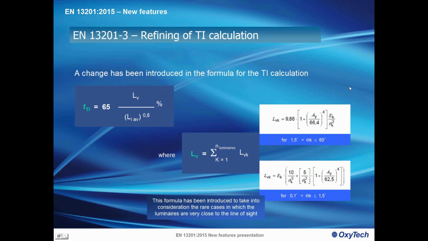Previously, the formula was only this one, so LV, the veiling luminance, and the luminance corresponding to the single luminaire was calculated through this formula, where this first part is related to the consideration of the age of the observer, the driver, multiplied by EK, which is the luminance that you find at the eye of the driver, divided by the sight angle squared.